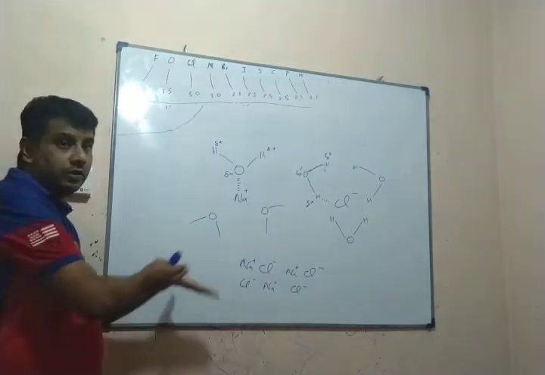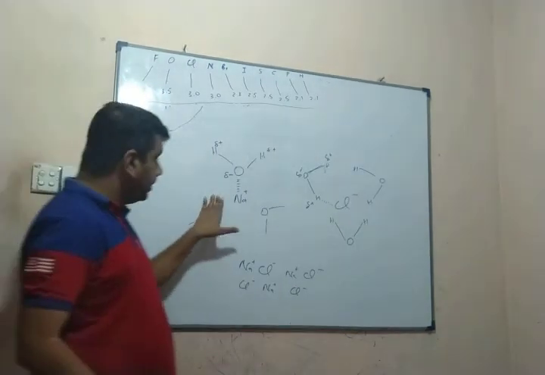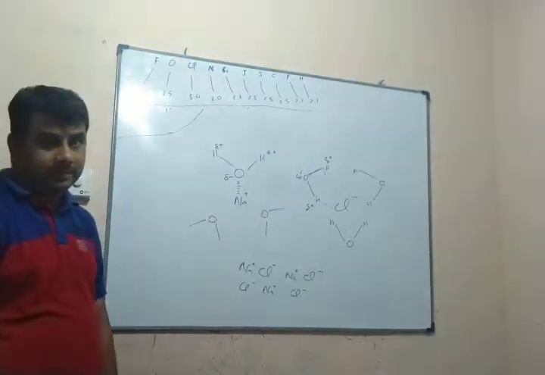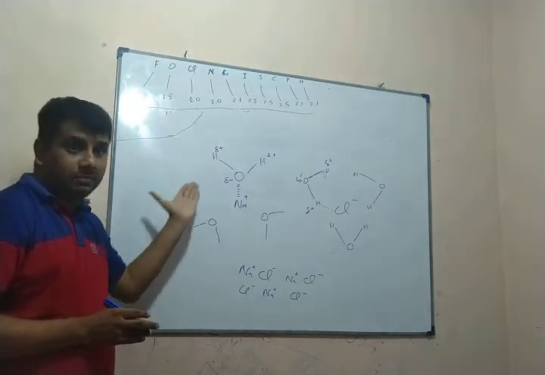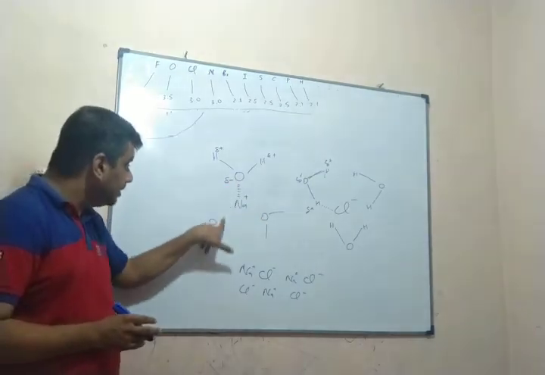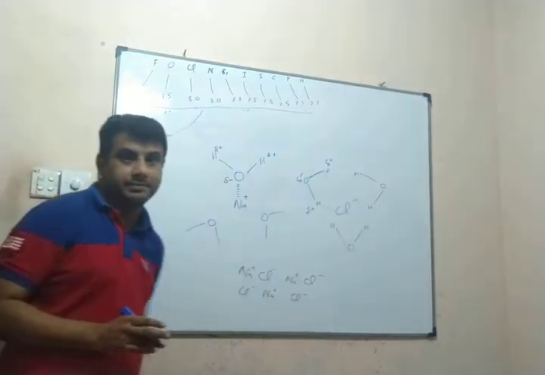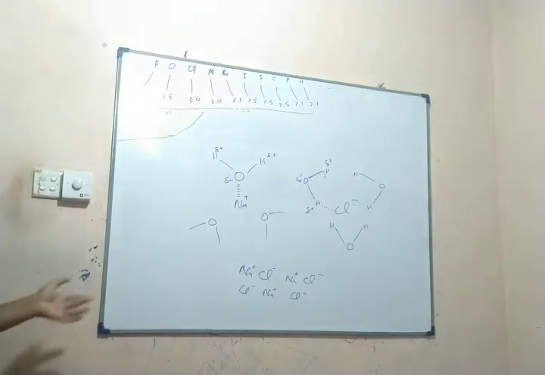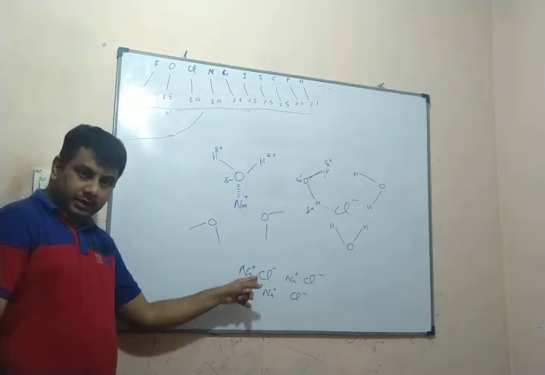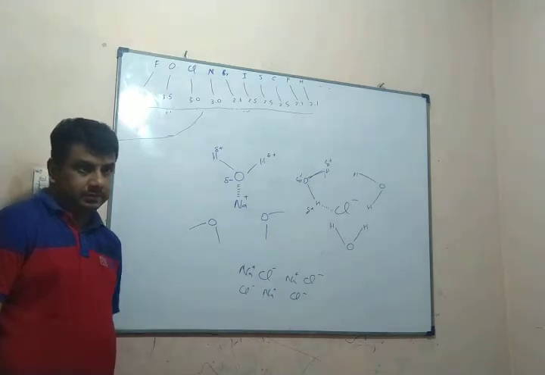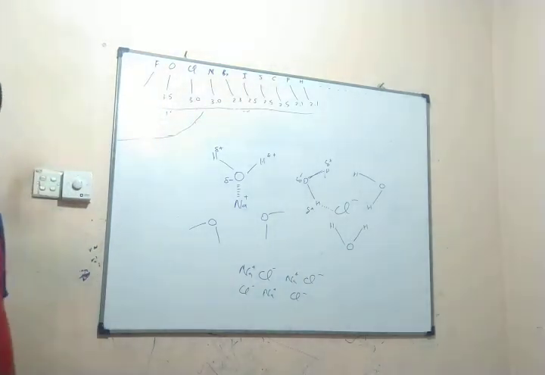There are several water molecules surrounding Na+ and Cl-. So the total ion dipole attraction will be much larger, comparable to or more than that of this. So that's why ionic compounds dissolve.